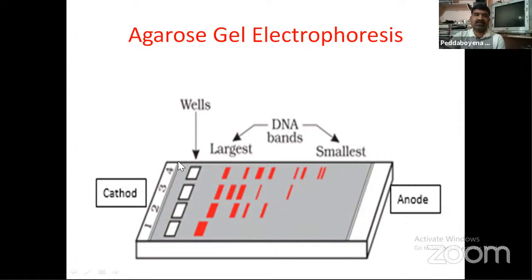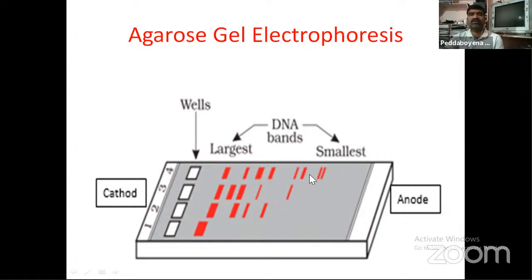When we attach to the electrodes, the agarose gel automatically forms small pores. In the large pores some large DNA bands appear, and in the small pores the small DNA appears, but these are clearly visible only with ethidium bromide treatment.